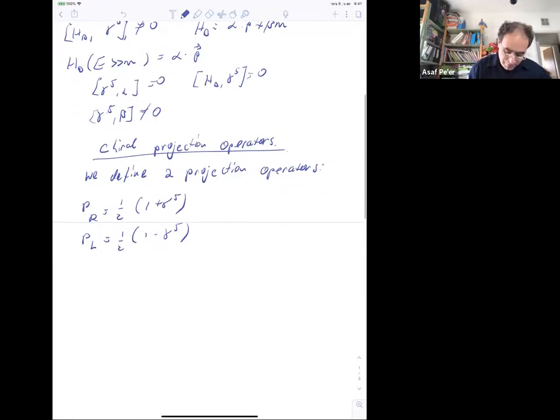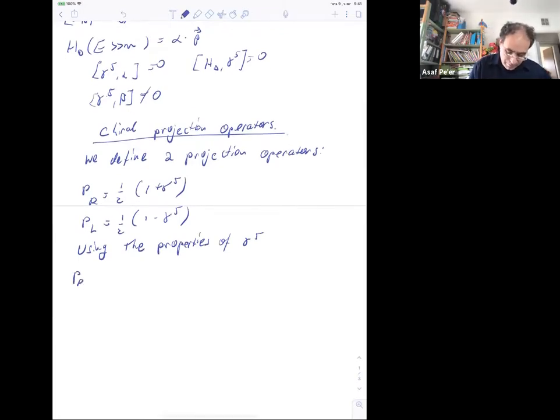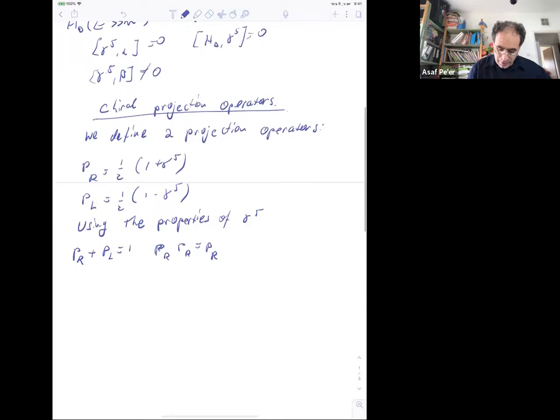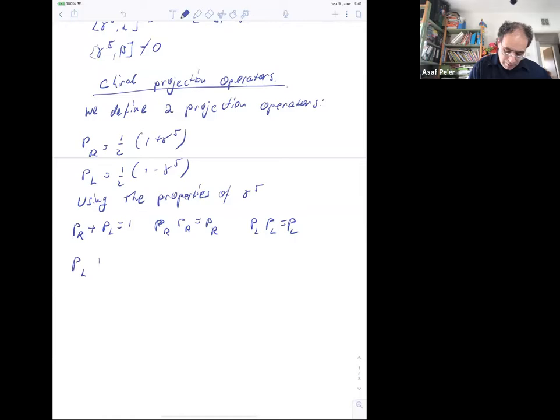For example, using the properties of gamma 5, we have that P_R plus P_L is 1, P_R squared is just P_R, P_L squared is just P_L, and P_R times P_L is just 0.